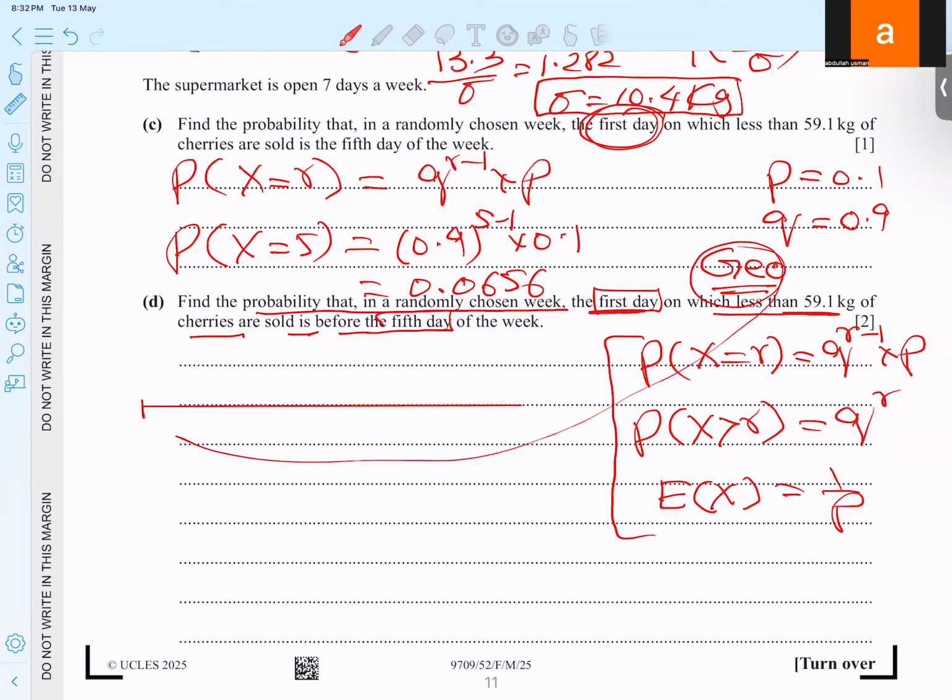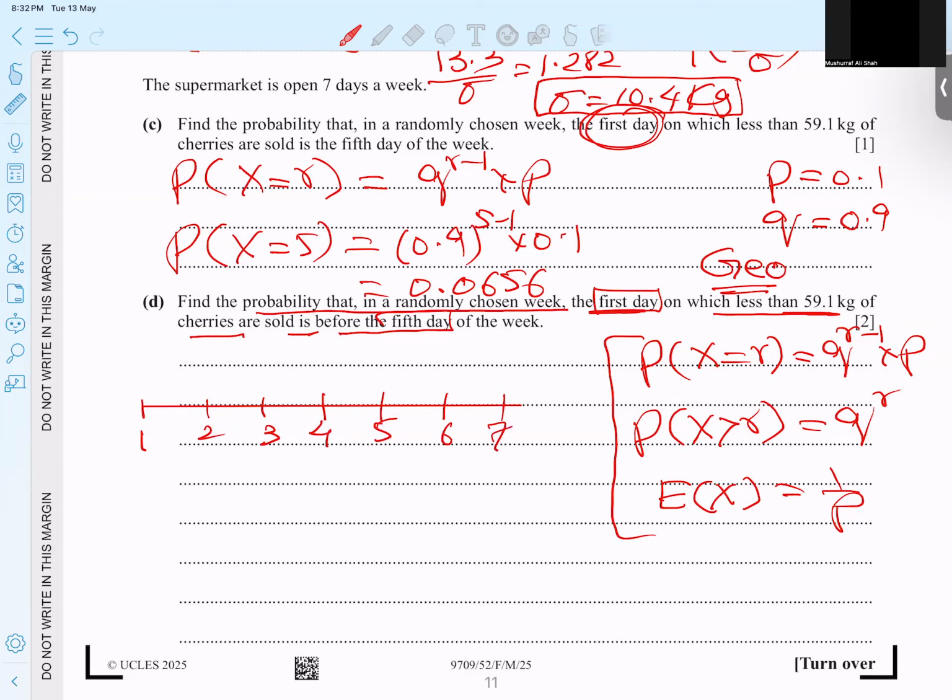Geometrical probability never starts from 0. Make a difference: binomial starts with 0, geometrical starts from 1. This is a criterion you must understand. So let's discuss our situation. What did he talk about? He talked about the first time it happens before the 5th day.